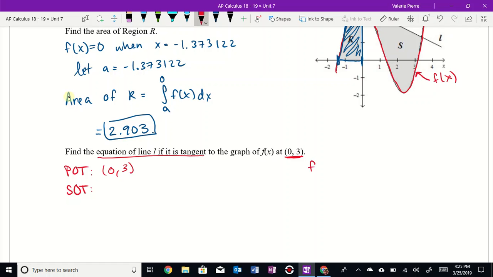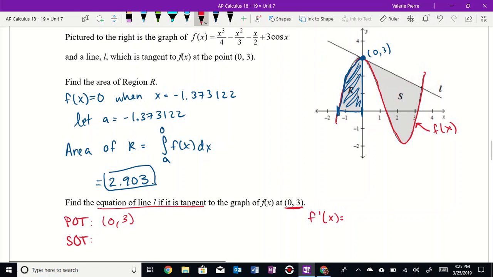So I need to find f prime of x. To find the derivative, bring down the exponent and subtract 1 from the exponent. So we have 3 over 4 x squared minus 2 over 2 x minus 1/2 plus 3 times negative sine x.